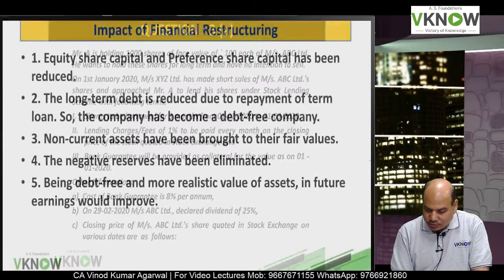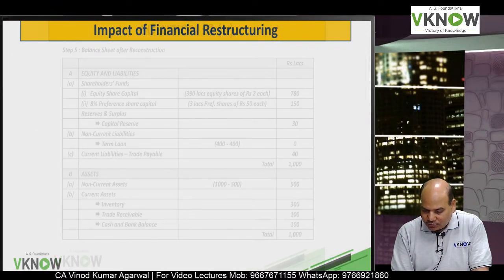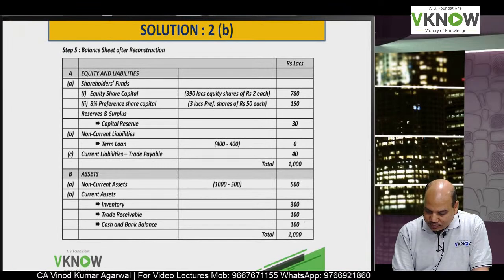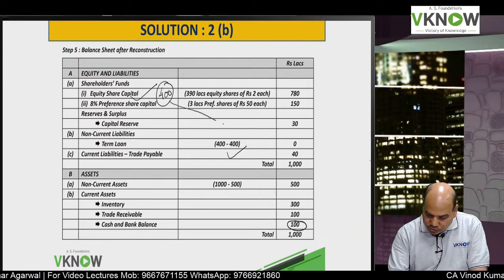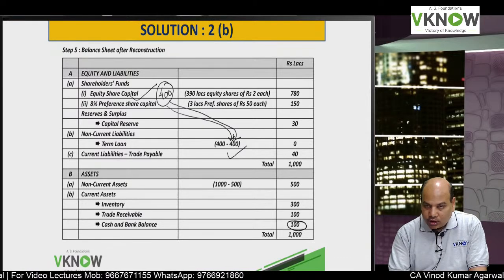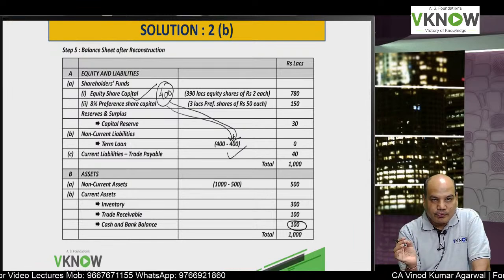One student has a query in this previous question, interesting query. How cash balance is same? Because we have issued equity share of 400 lakh, which was used to pay term loan. There is no other cash transaction.